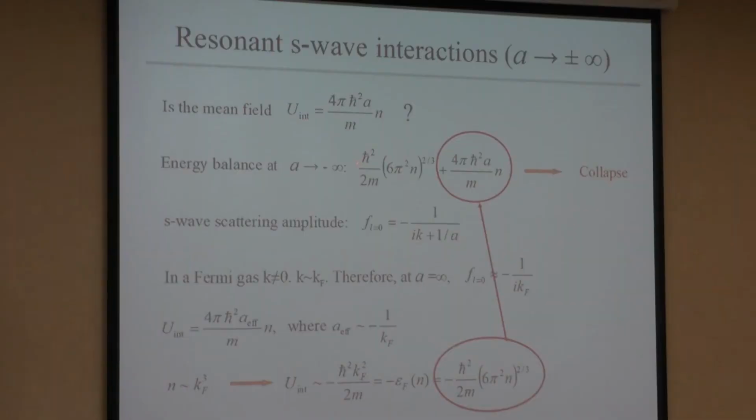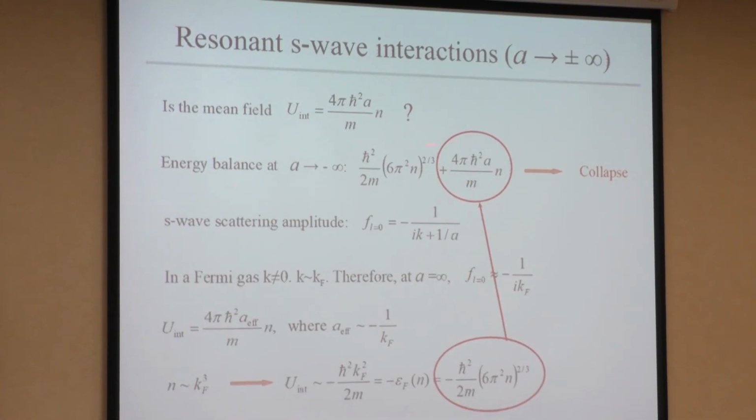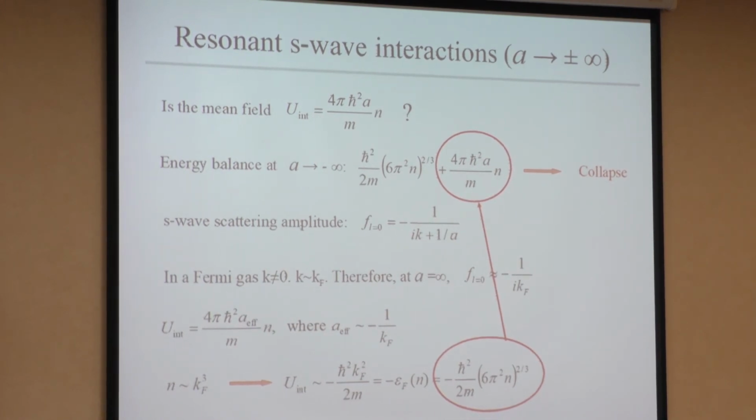As a result, in this tragic equation, which suggests collapse of the system, for the energy we should substitute this effective energy, which is on the order of Fermi energy. So when interactions are S-wave and maximally strong, the situation at first glance remains uncertain. It is hard to say whether the gas is stable or will collapse. It's not clear which term would win. The interaction term turns out to be on the order of the Fermi energy as well.